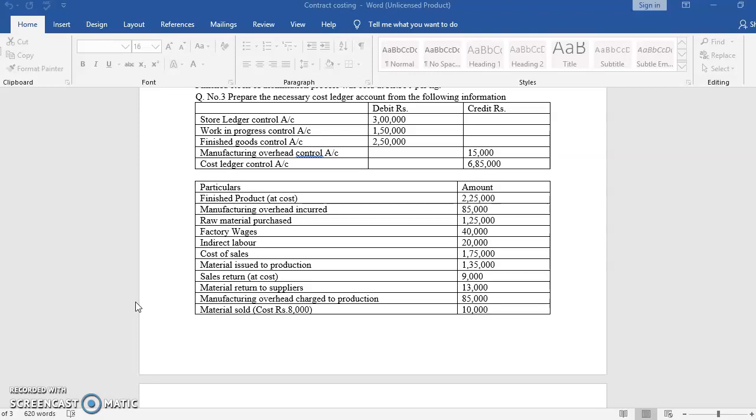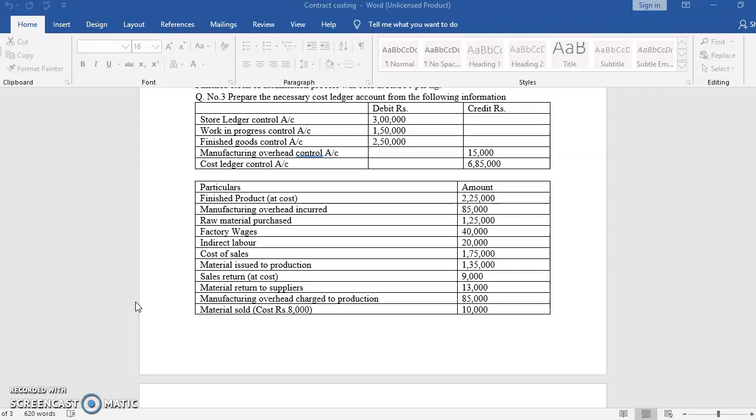So on the wages control account credit side, write down by work in progress account, and the amount here will be 40,000. In brackets write down direct wages. Just below that, again write down by manufacturing overhead account, and the amount will be 20,000.